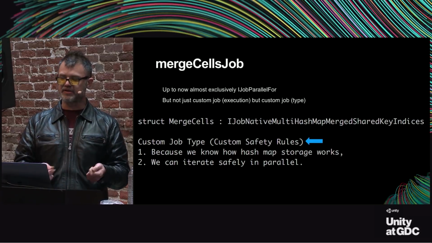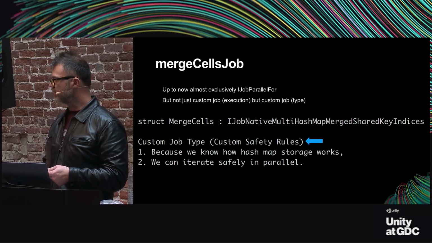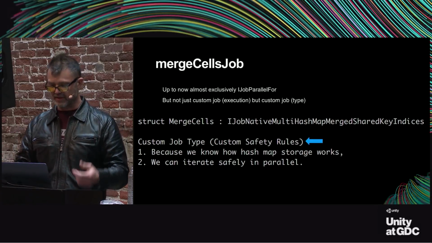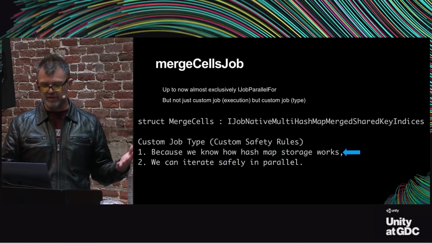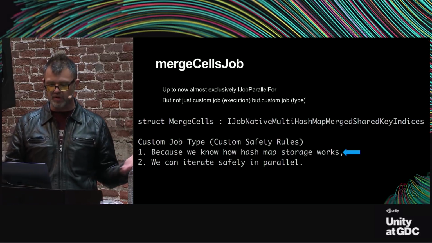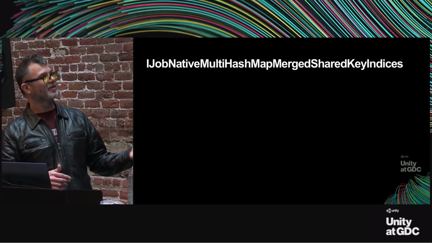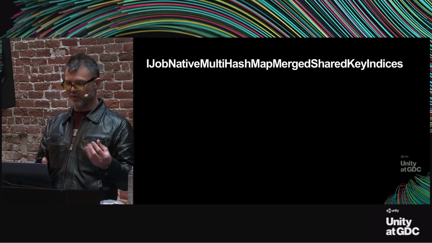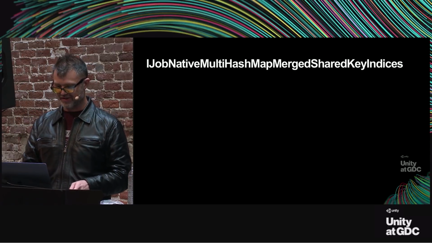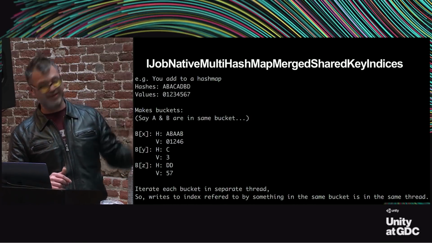And they can guarantee that there are, in fact, no race conditions when they use it. So they can be very confident when they use it. And that's because we know how hash map storage works, and we can iterate safely in parallel. So again, let's talk a little bit more about IJobNativeMultiHashMapMergeSharedKeyIndices. I had to shrink the font a little bit to get that to fit.